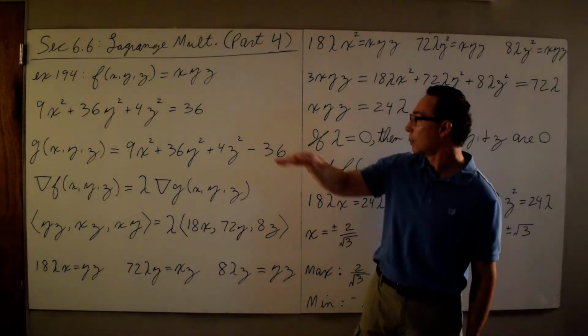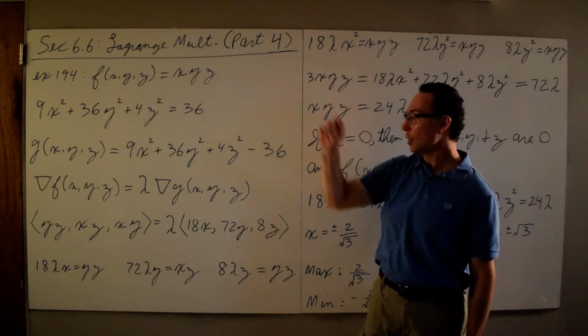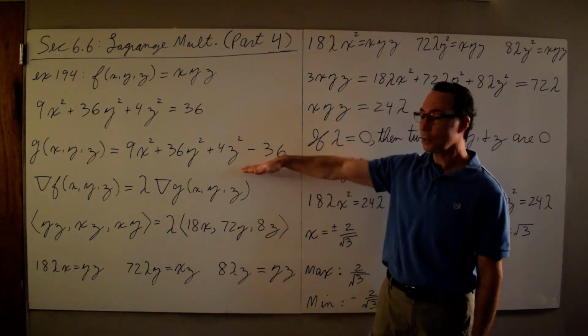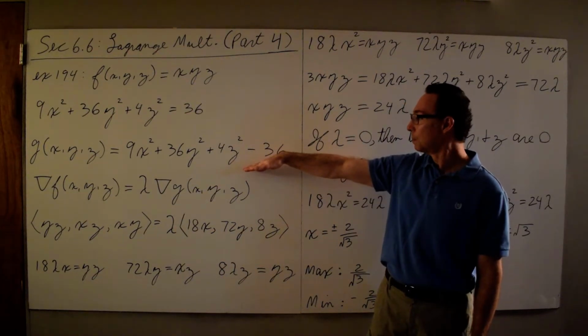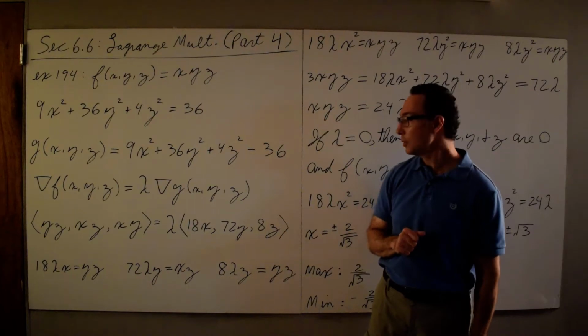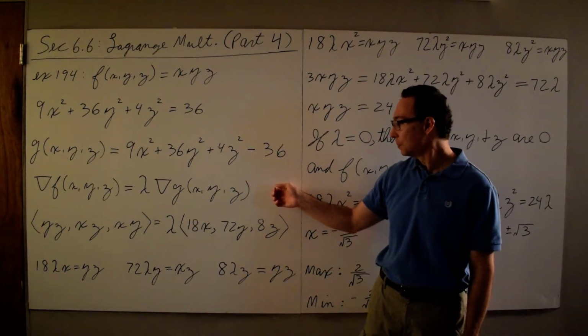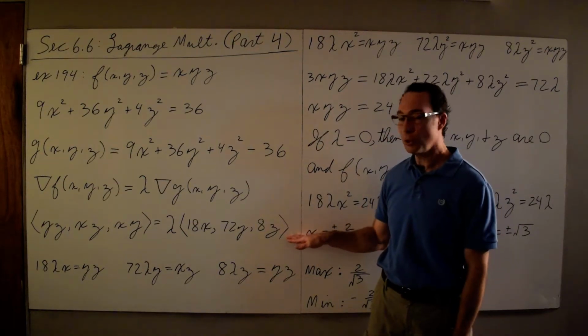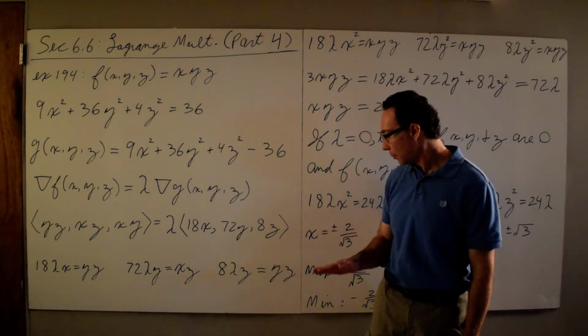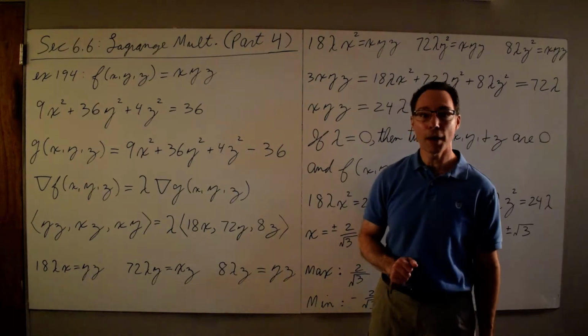We're trying to find the maximum value of f subject to the constraint g(x, y, z) = 0. So we look at our equation: gradient of f is equal to lambda times gradient of g. Calculate the gradients, and we look at the equations given by the components.